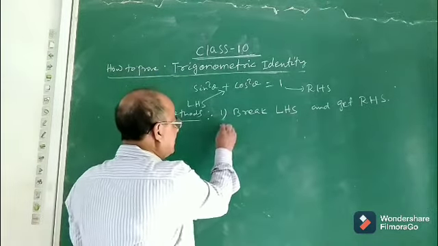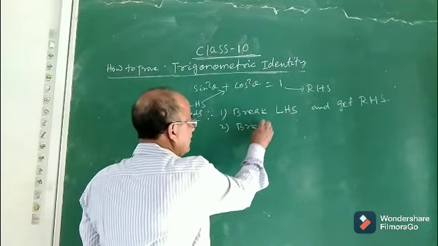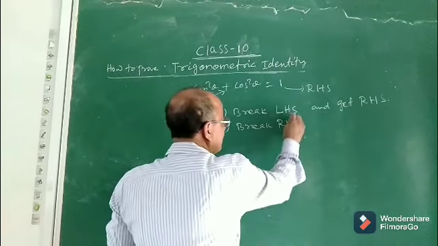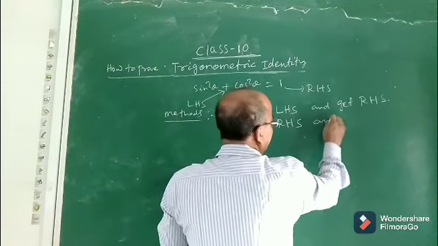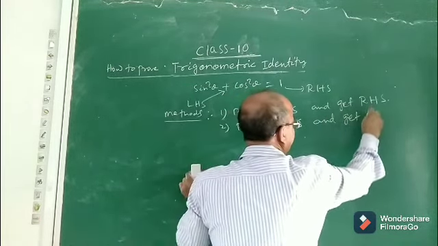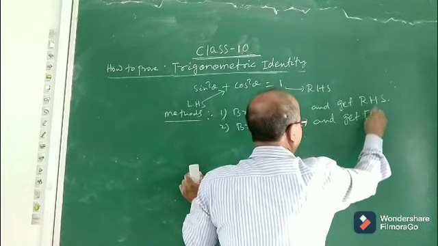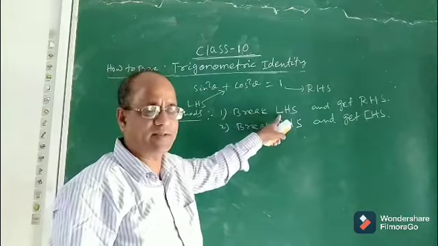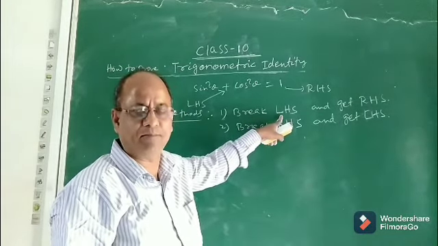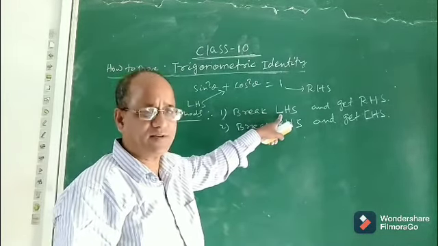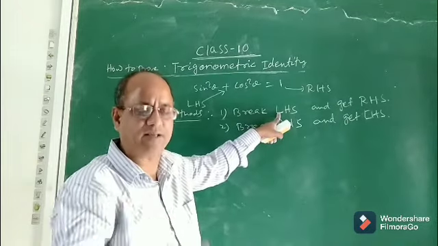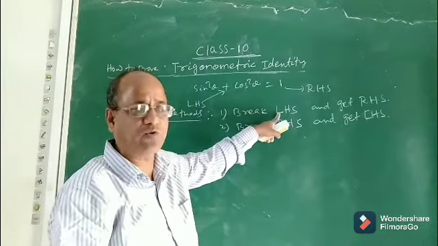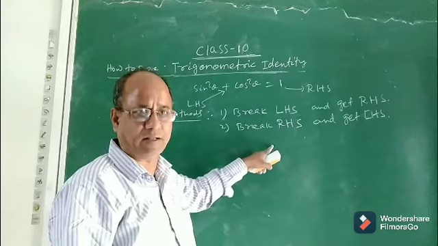Then the second method: break the RHS and get the LHS. The first method is to break the LHS. That means I am making it simpler, children. I will discuss problems in the next class; I am just trying to convince you what the different methods are.